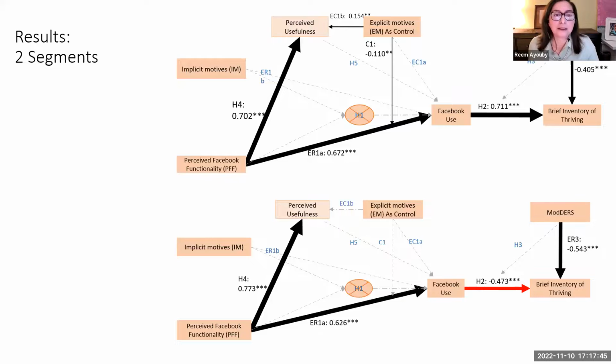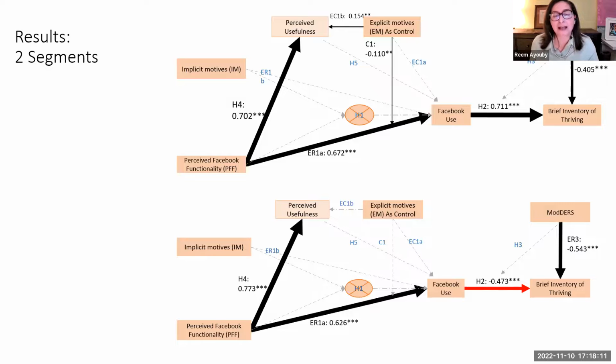So with my research, I found at first a very bland outcome. I was shocked. It was a mildly good relationship between Facebook use and well-being, which I measured using the brief inventory of thriving, a set of questions that has been validated by others beforehand.